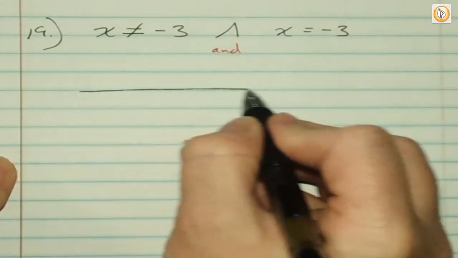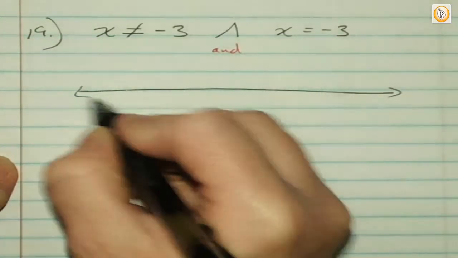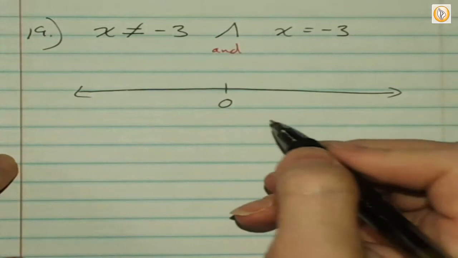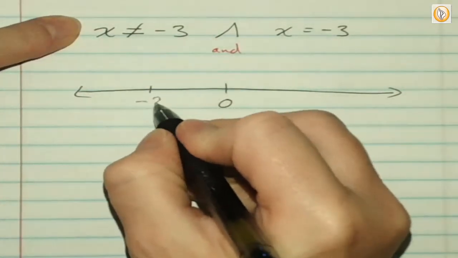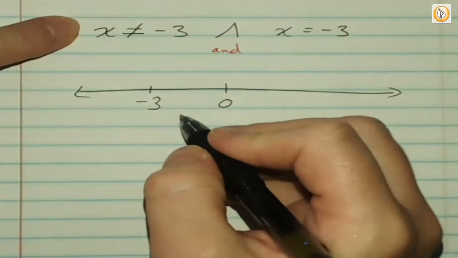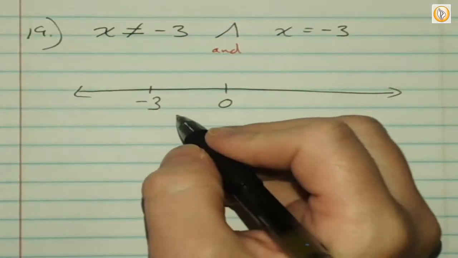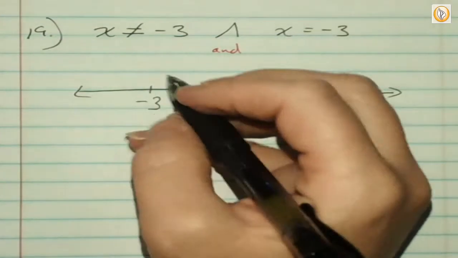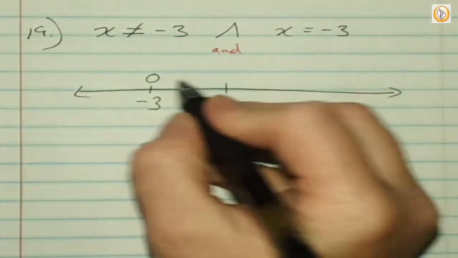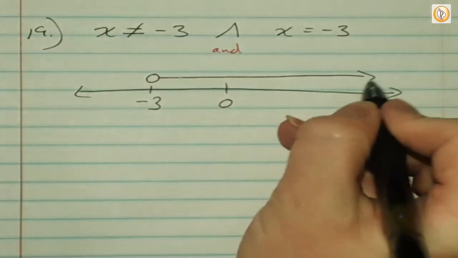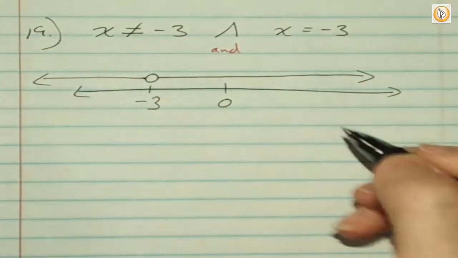So this one, there's no work to be done, so we're just going to graph it. So if x does not equal -3, how would that look for a graph? Taylor? So, open circle, arrows go in both directions. That's right, and then a closed circle on top of that.